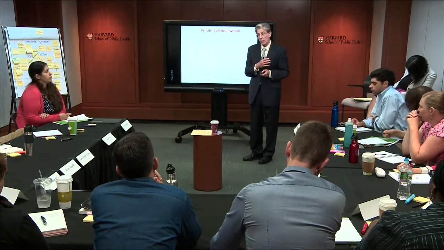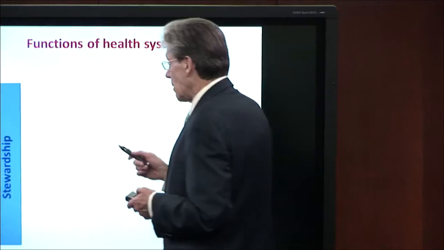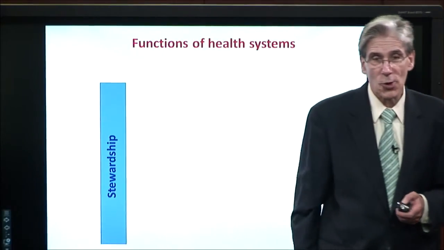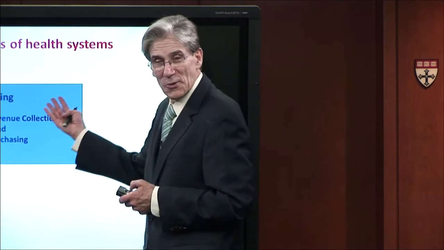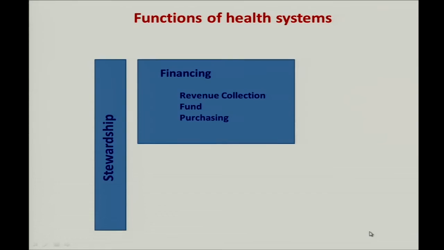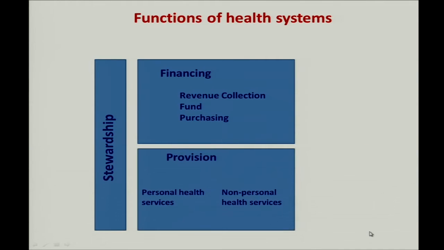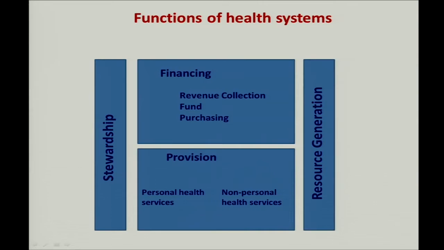Again, you will have whole courses on them. First function is stewardship. Let me show all of them. Second is financing, obviously. You can't have the delivery if there's no money in the system. Then you have the provision, which is the core function. And then the resource generation or development, like Jeremy was suggesting, okay?